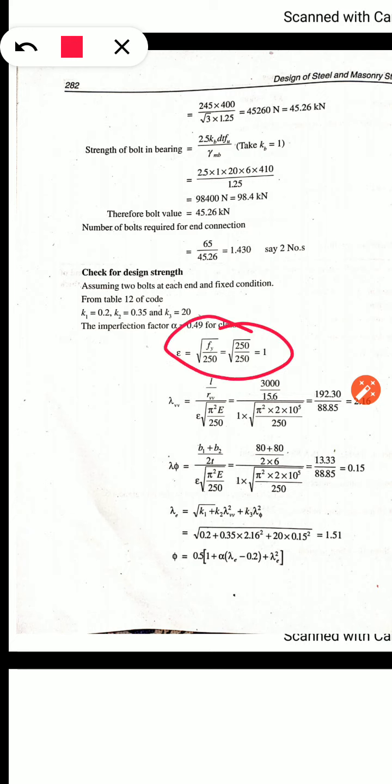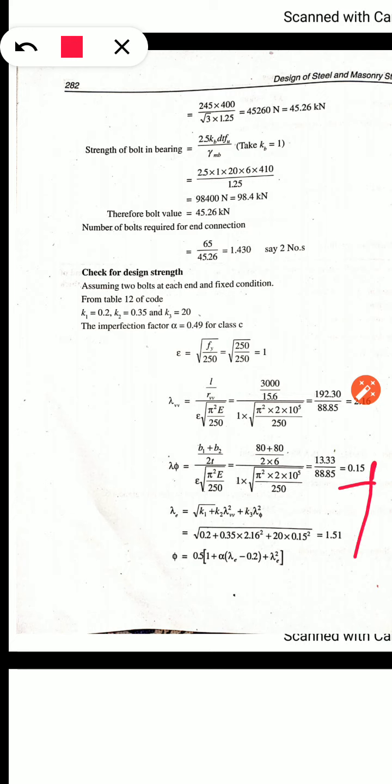So 80 plus 80 divided by 2 into 6, divided by epsilon. The epsilon value is already calculated, given by the formula epsilon equals square root of 250 by Fy. Fy is always 250, so 250 by 250 is 1, and the epsilon value is 1. Into square root of pi square into 2 into 10 raised to 5 by 250. So the lambda phi value is 0.15.